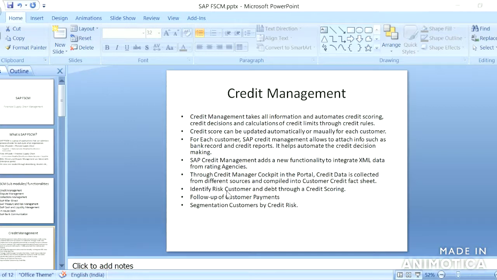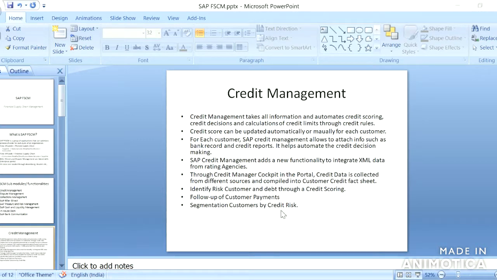If we see that he is reaching the credit limit, and we have seen all the credits he has taken before, and even after the due date he is not paying, in that case we will follow up with the customers, like sending dunning letters, reminding him, and giving follow-up calls. And there are many processes which will be followed. Then segmentation of customers by credit risk.